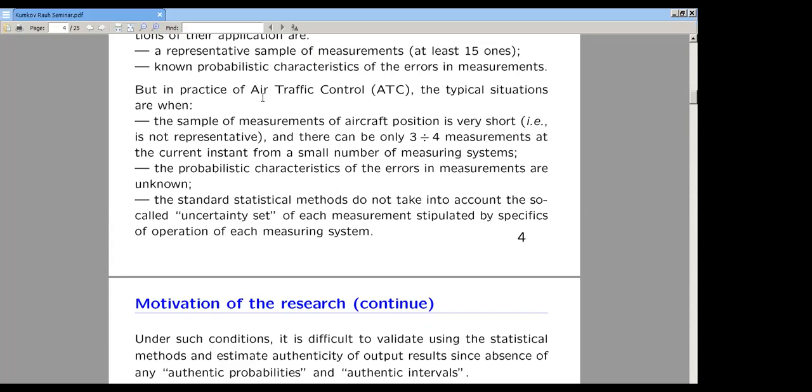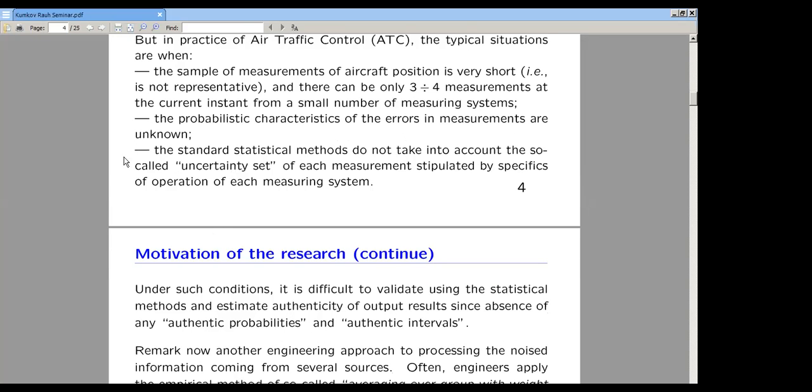But in the practice of air traffic control, a typical situation is that the samples are very short: 1, 2, 3, or not more than 4 measurements of the current aircraft position. Then the probabilistic characteristics of the errors in measurements are unknown. And the most important remark is that the standard statistical methods do not take into account the so-called uncertainty set of each measurement.